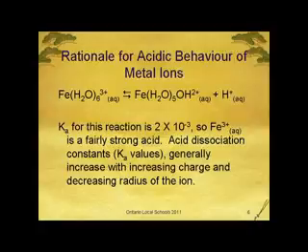So we can predict when we're comparing metal ions and their acidic behavior, the ones with greater charge, like 2+ or 3+ as opposed to 1+, and a smaller radius, the smaller metal cations with the higher charge have a stronger charge density and will have a stronger acidic behavior in solution.